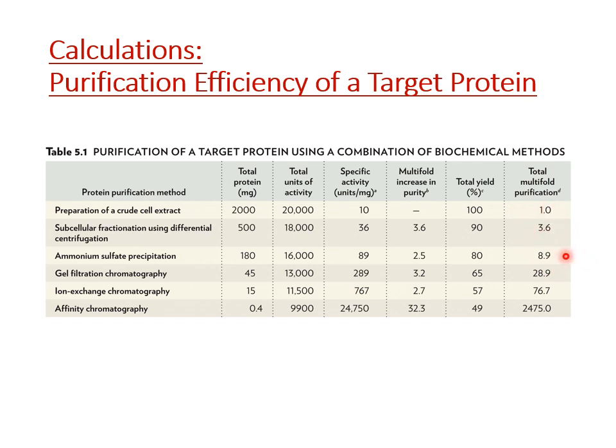If we wanted to calculate the step 3 total multifold purification, we would divide the specific activity at that given step, which over here is 89, by the initial specific activity, which is 10, the one at the very first step, okay? And that gives you, over here, 8.9.